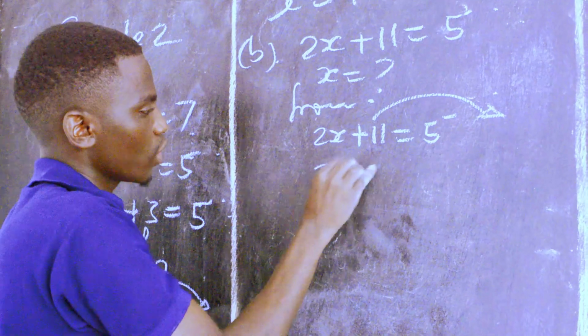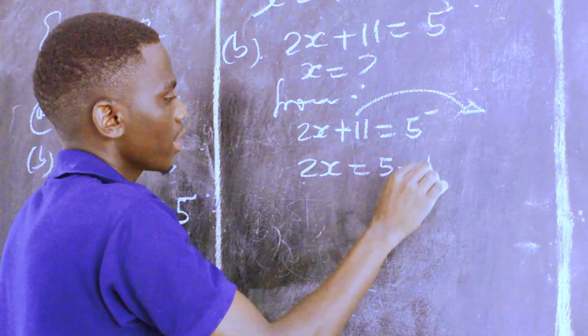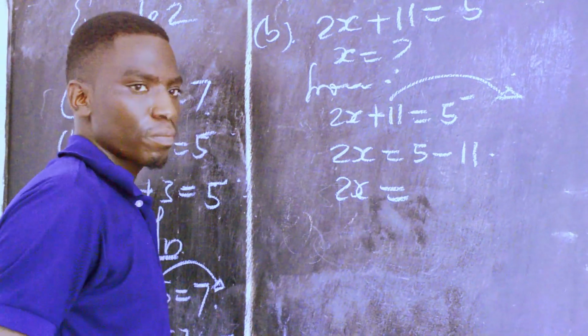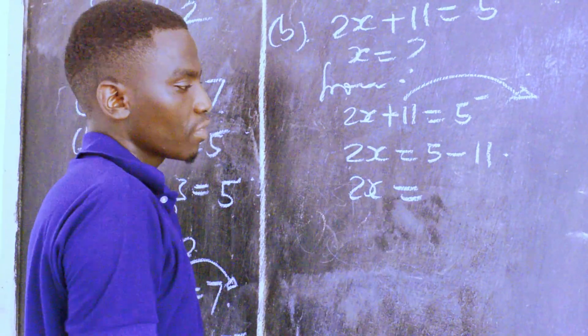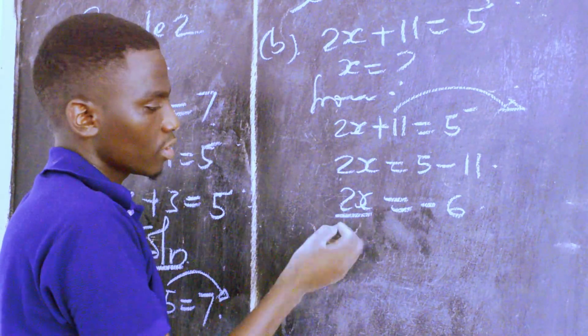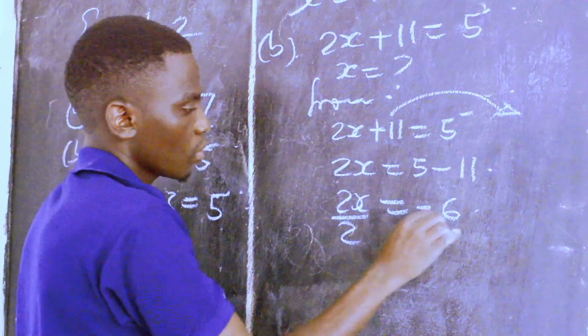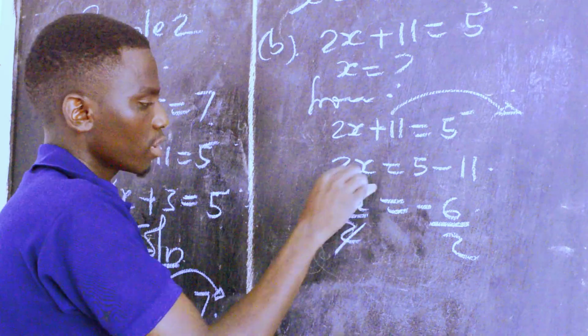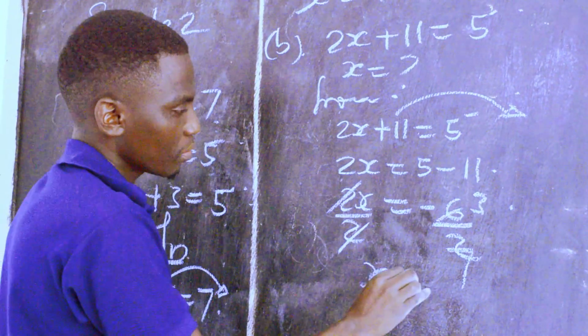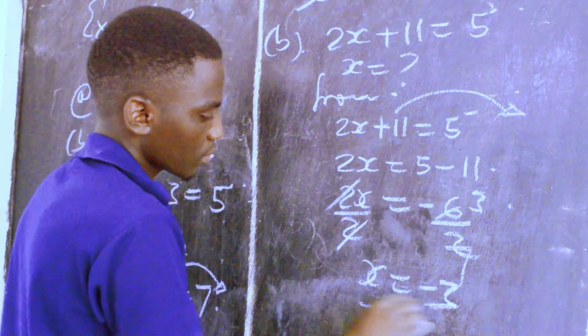So you remain with 2x is equal to 5 minus 11, which gives negative 6. To get the value of x, you divide by 2 on both sides. This and this cancel by 2, and 6 divided by 2 gives 3. So x will be equal to negative 3.